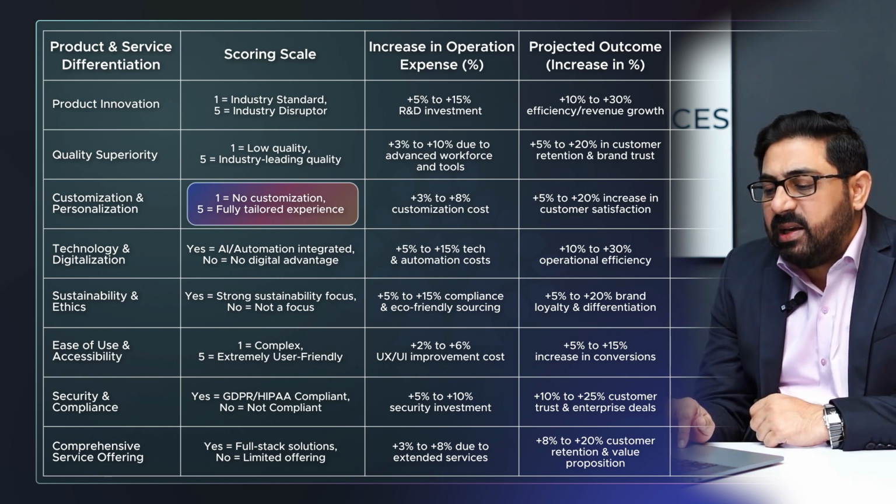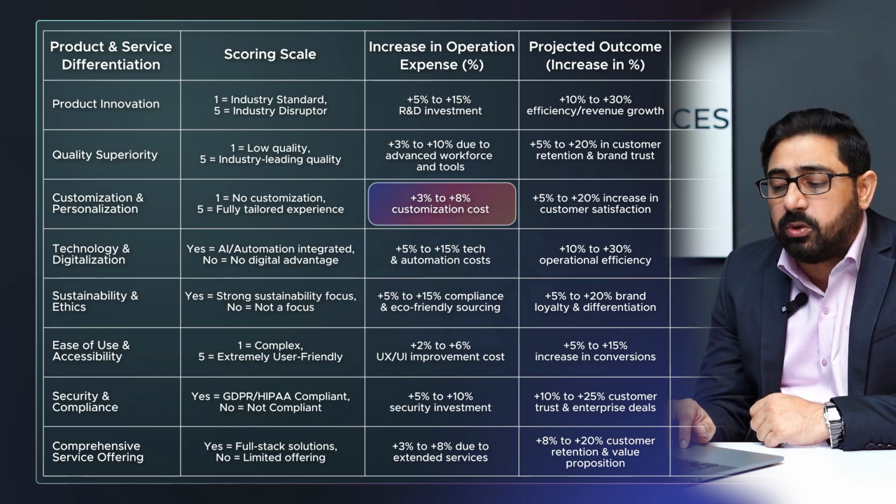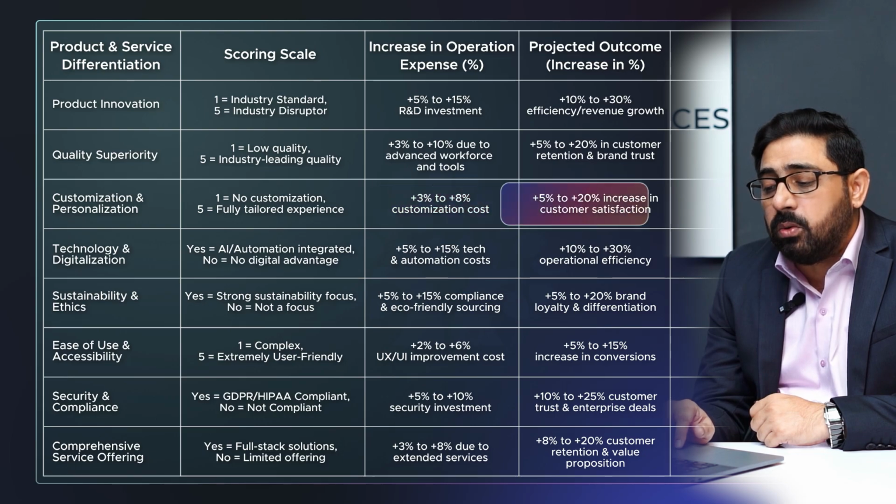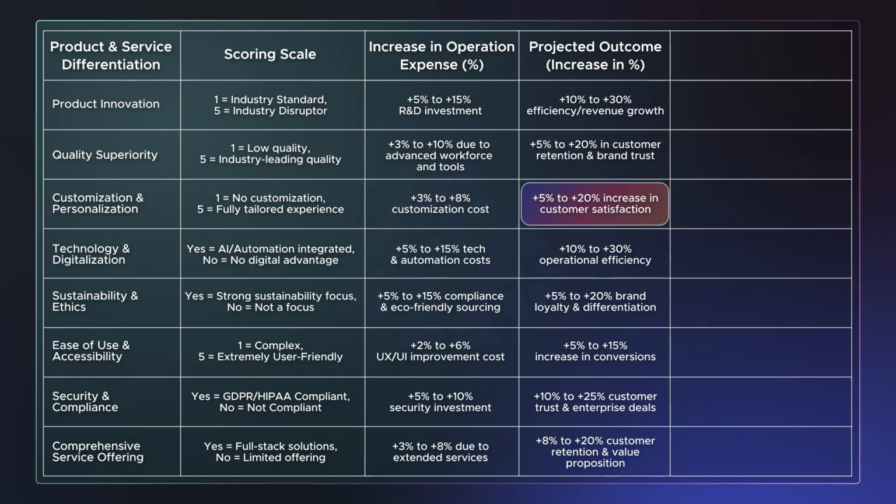Over here, you can easily make an estimation whether it is going to make a 3 to 8% additional cost or more than that, and what type of revenue or customer satisfaction I can achieve. So these are just hints in this book. You can add to it, you can remove from it, as per your own requirements and expectations.